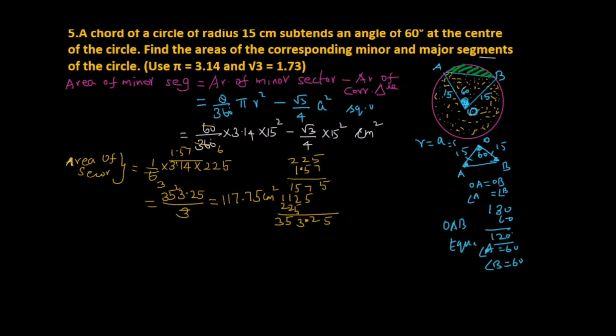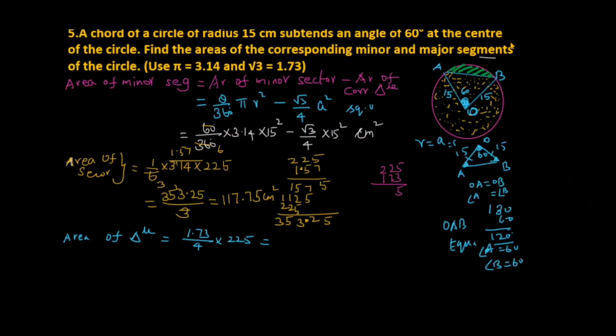Next we need to find the area of the triangle. Area of an equilateral triangle is root 3 by 4 into 15 squared, which is 225, with the value of root 3 given as 1.73. So we calculate 225 into 173.